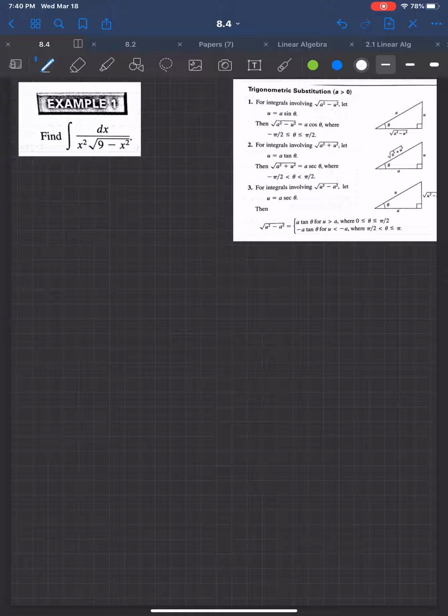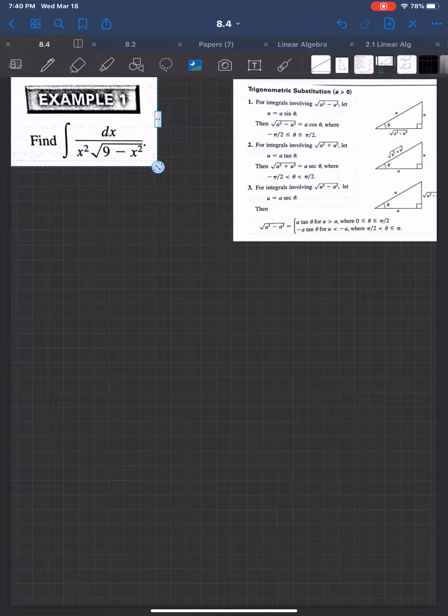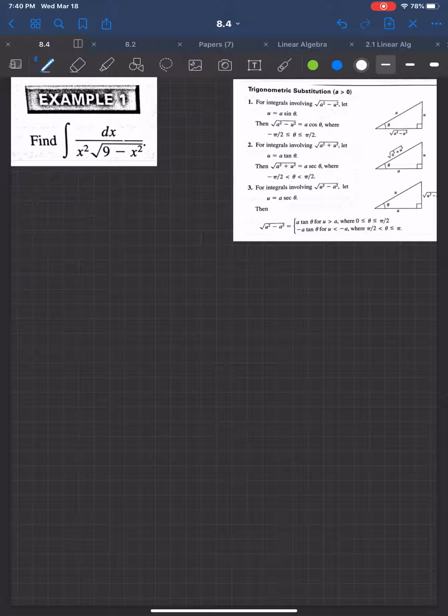So the game plan looks something like this. We're given a problem, like, say, example 1. And as you begin this process, you start thinking about, okay, what do I have in my toolbox to be able to integrate this? On first glance, you might think about some of your arcsecant, arcsine, arctangent rules.